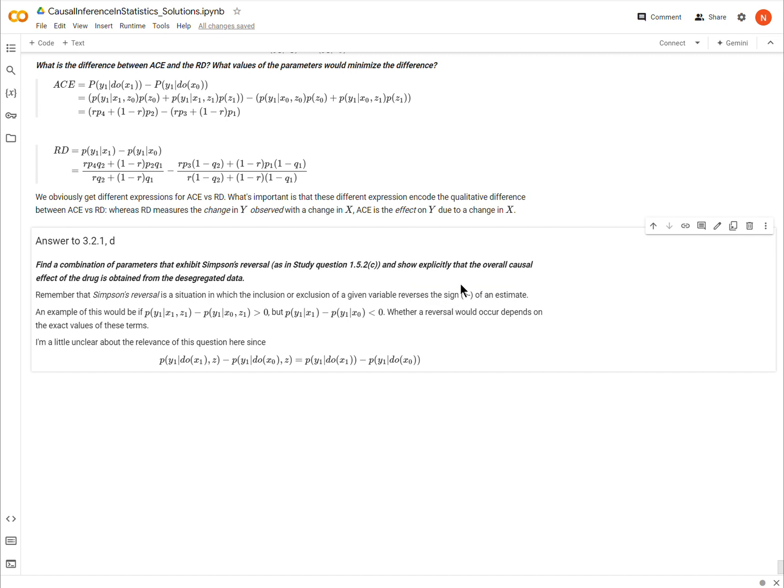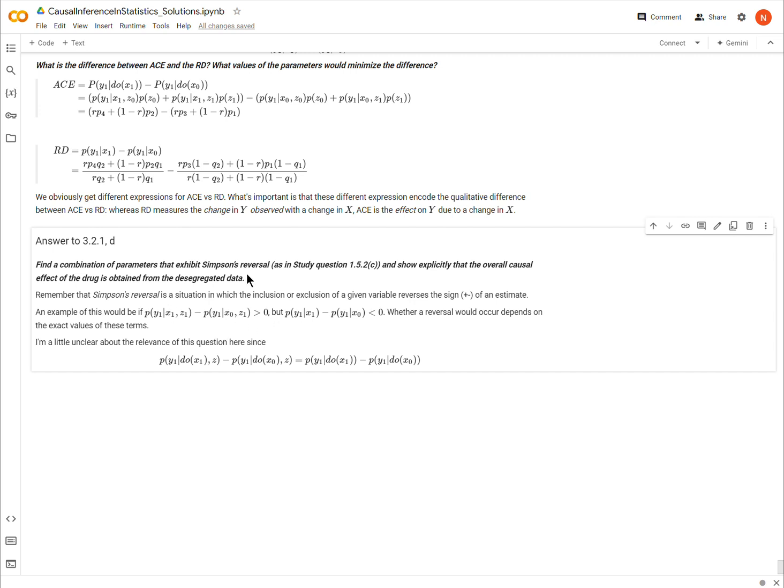I shouldn't say causal effect here because it's not applying to causal estimates. So the example that I gave above in 1.52 was just this. Here I'm conditioning on Z, for instance, versus not conditioning on Z, and hypothetically one of the answers could be above 0, the other one could be below 0, and this would be an instance of Simpson's reversal.